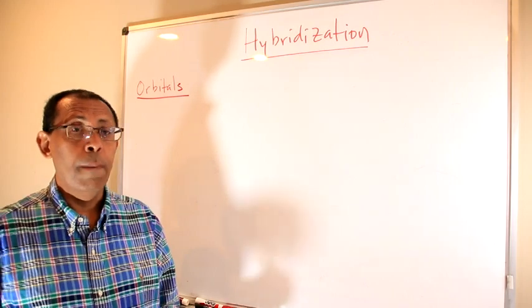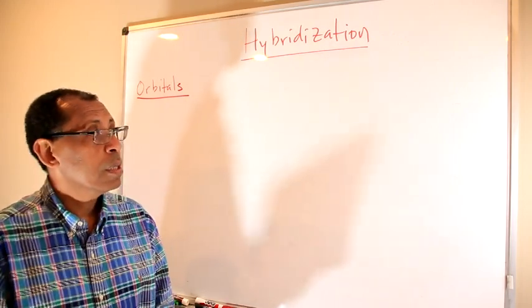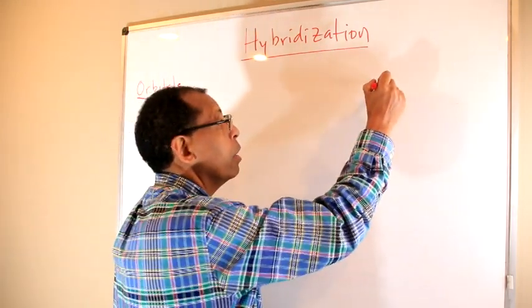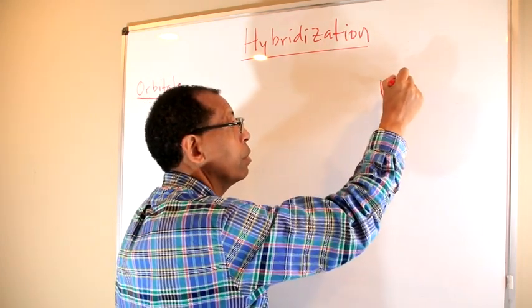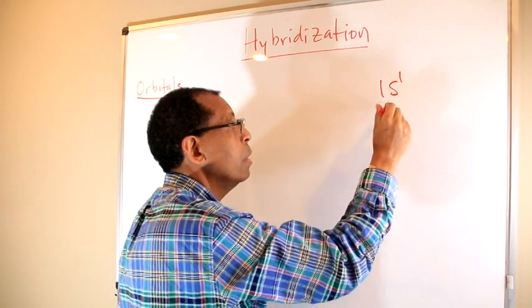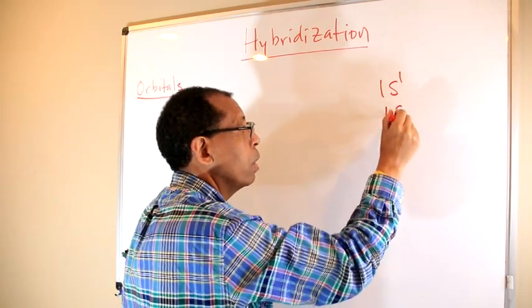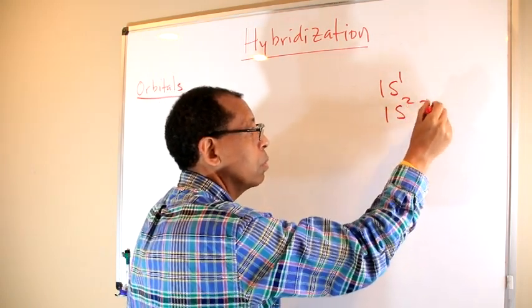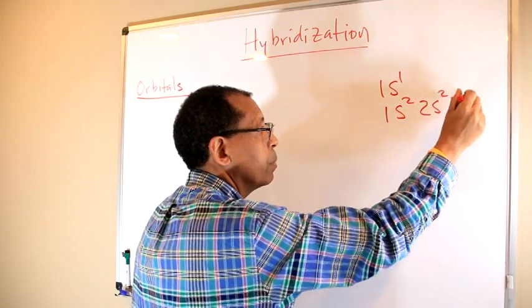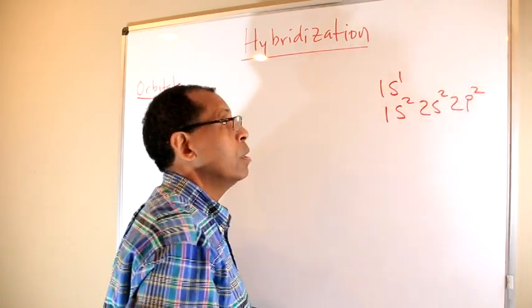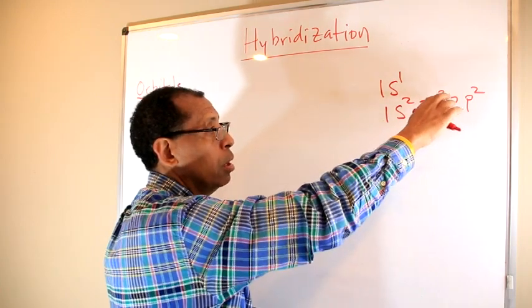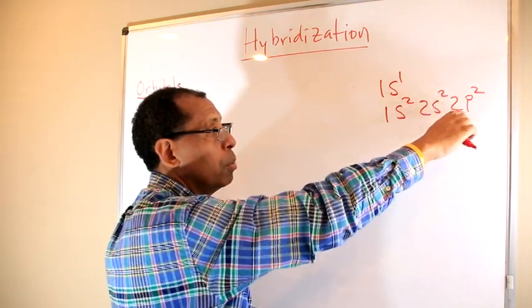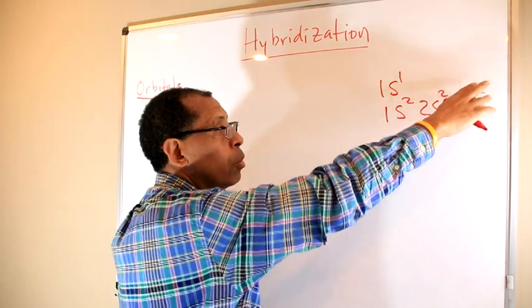Remember that when we say orbitals, each atom would have, for example, if we consider hydrogen, it is 1s1. If we consider carbon, it is 1s2, 2s2, 2p2. So if you look here, the s is paired, and p has 2 electrons.